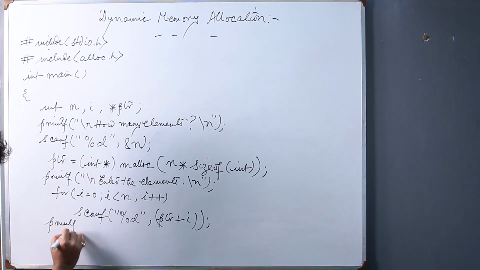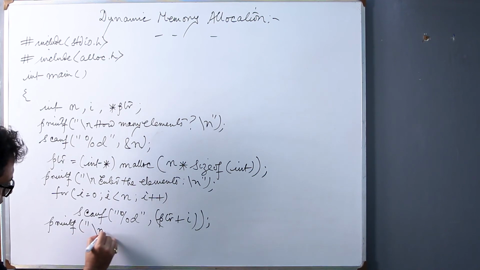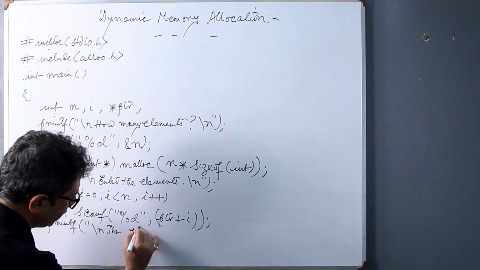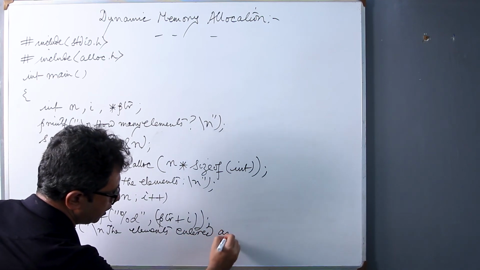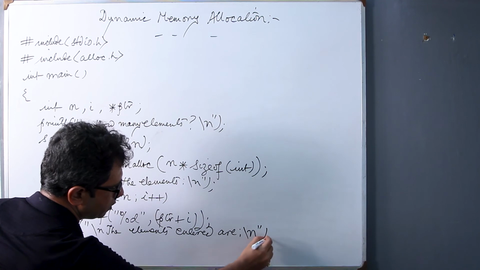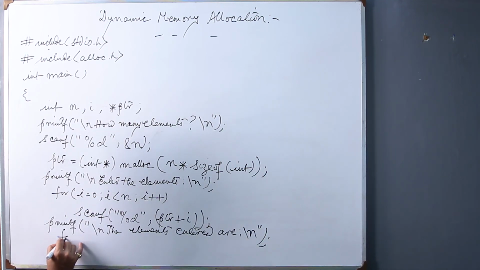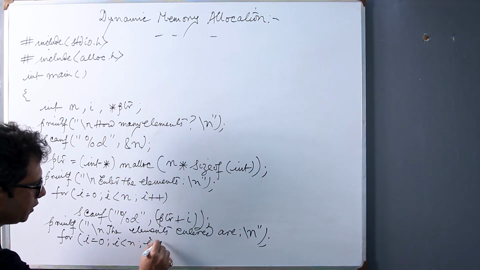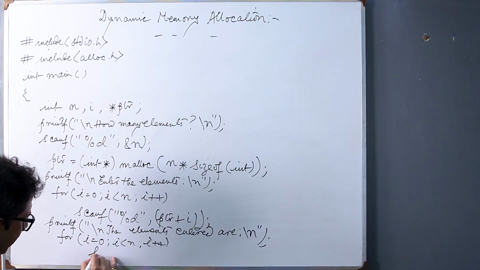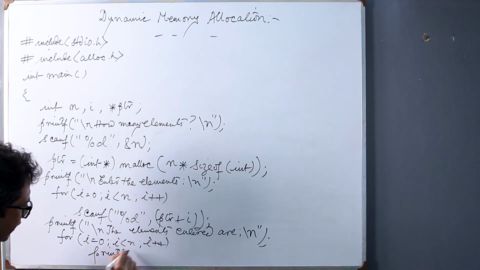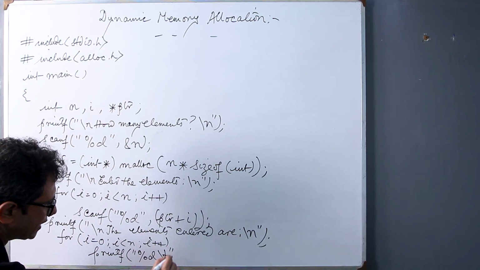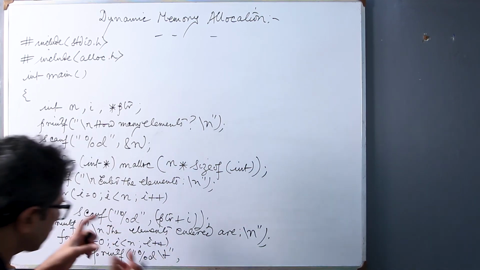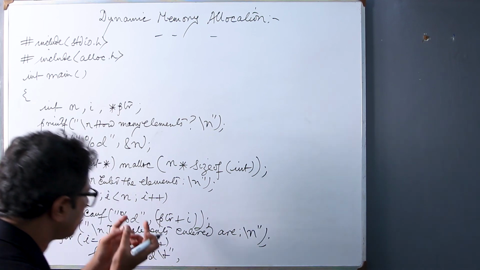We will write a message, "The elements entered are", new line, then comes another for loop, for i = 0, i < n, i++, and then printf("%d\t"), and then we are going to print the contents of the memory locations.